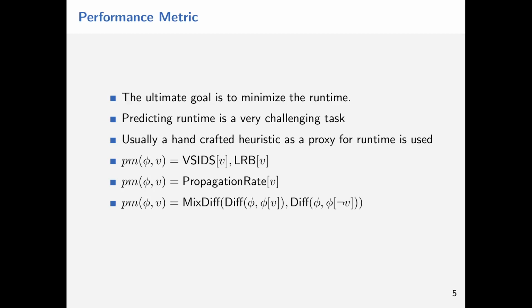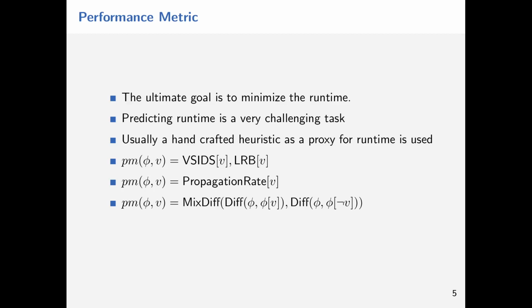For example, in look-ahead and cube-and-conquer type solvers, when you set the variable to true and false, the difference with the original formula is calculated using some heuristic, and those heuristics for the left and right branches are mixed into one number.